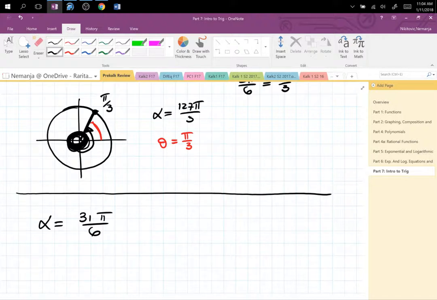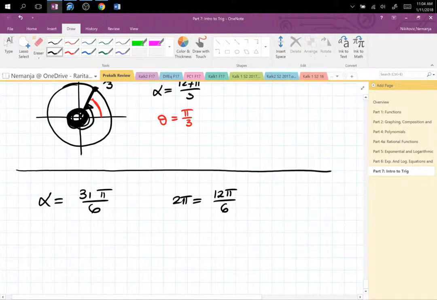So 2 pi in terms of sixths is 12 pi over 6. So this is where you literally can subtract, minus 12, and then the leftover. But you can say 12 into 31 goes twice, gives you 24 over here, and the remainder is 7.